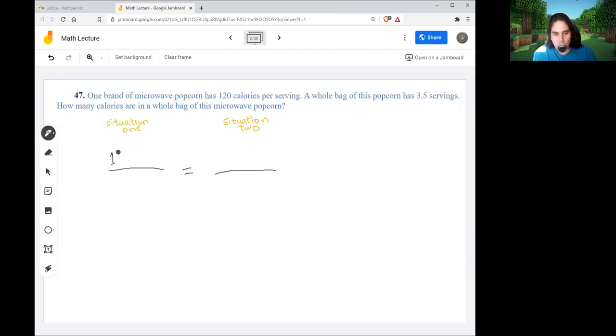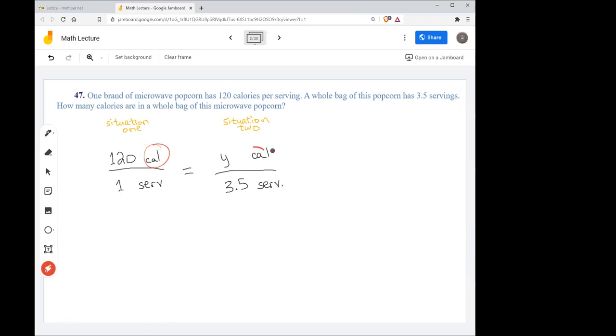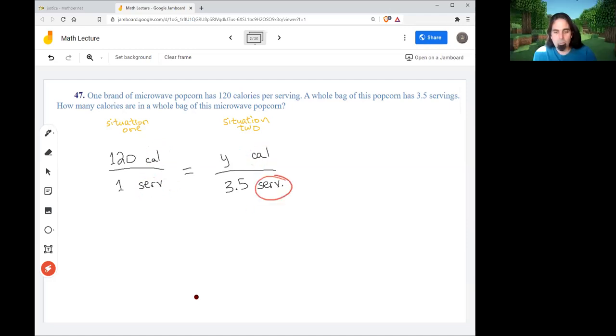So 120 calories every 1 serving. And how many calories are in 3.5 servings? Everyone okay with my setting things up? Yes. So calories stays on top, serving stays on the bottom.